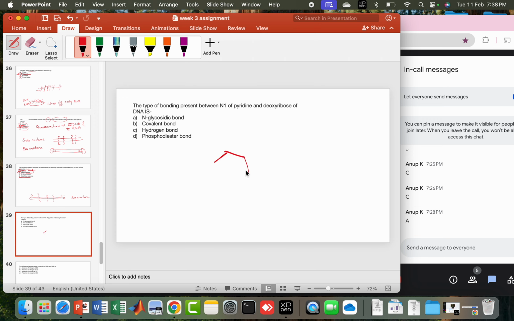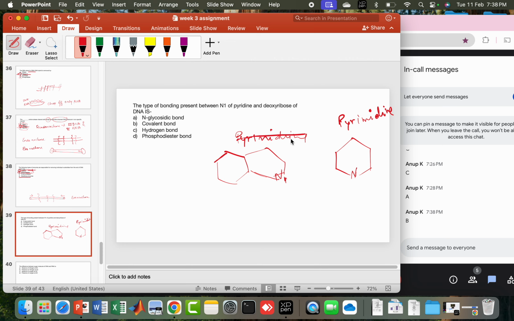So purine is a 9-membered ring like this, and we have an N1 here. Sorry, this is purine and this is pyrimidine.